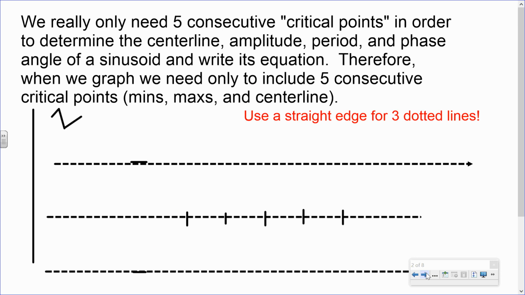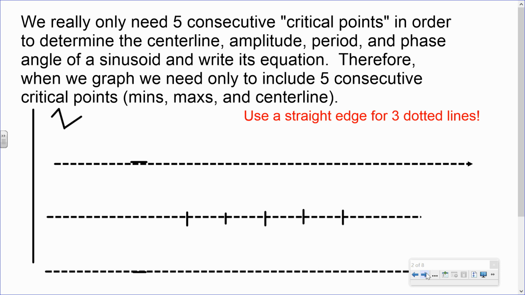When you are turning it in to me on homework or a test, I want a straight edge for 3 dotted lines as your starting point. In these notes that you're doing right now, I'm not going to be grading those, so whatever you want in these notes. We will always start with 3 dotted lines, one for the max, one for the min, and one for the center line.